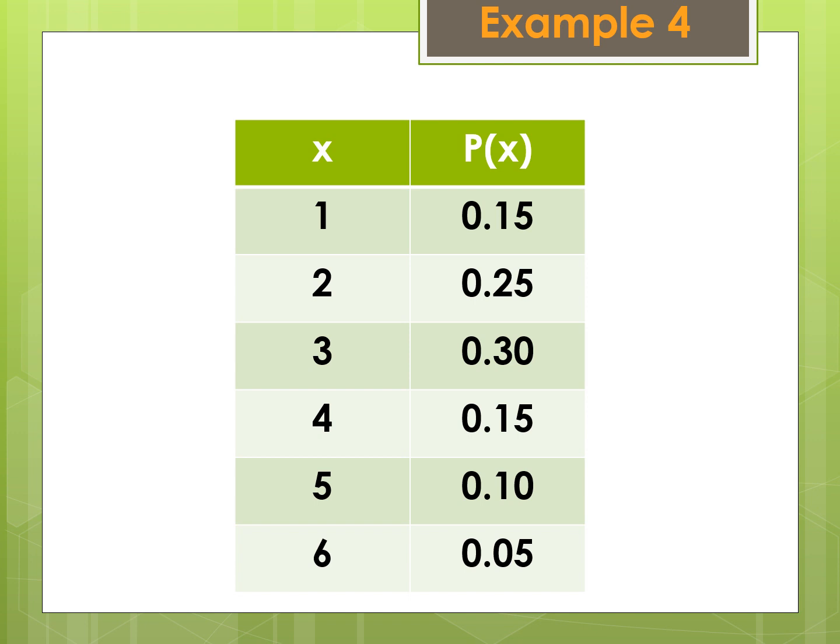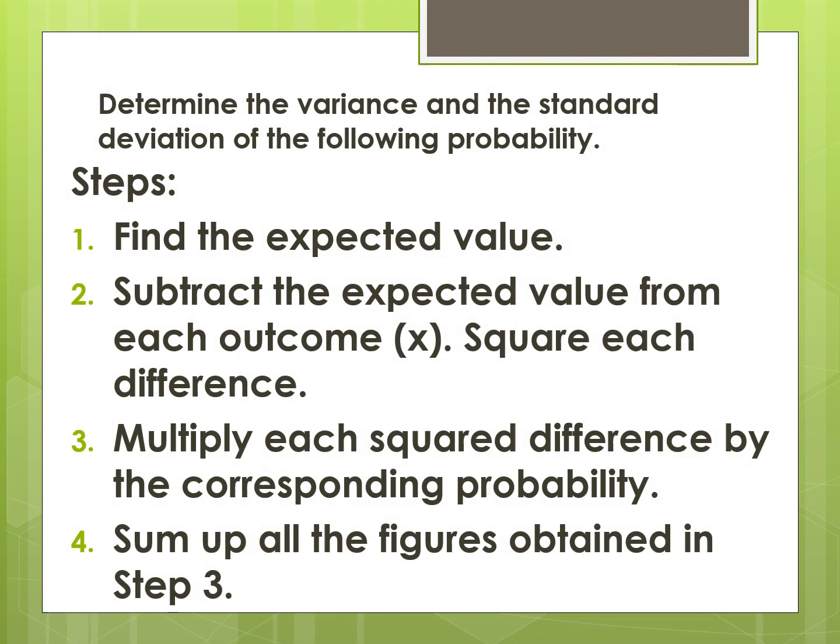Let's take the fourth example. Suppose we have the following. Here are the steps in finding for the variance and standard deviation of the following probability. Okay, step 1. Find for the expected value or the mean.